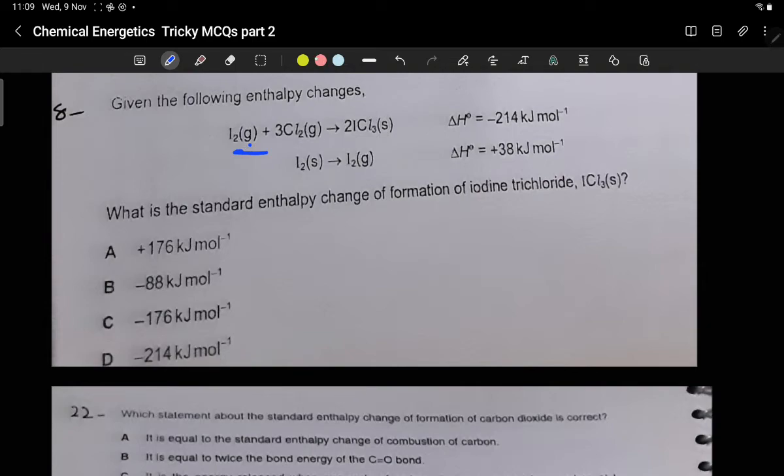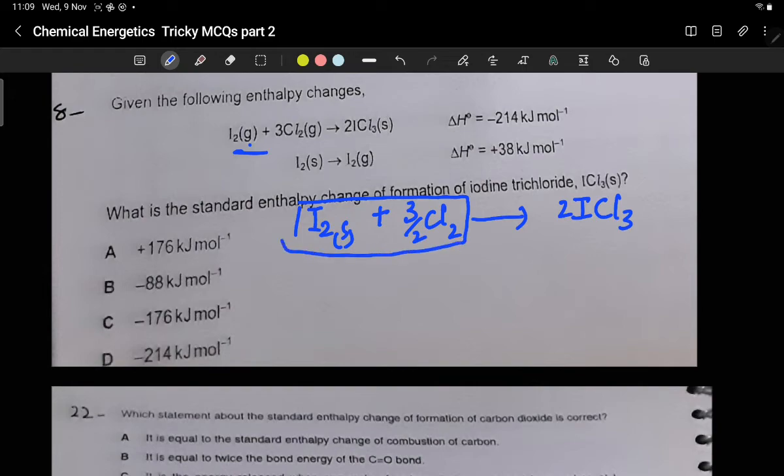So let's write iodine solid plus 3 over 2 Cl2 to form ICl3. Then iodine in gaseous state plus 3 over 2 chlorine Cl2.